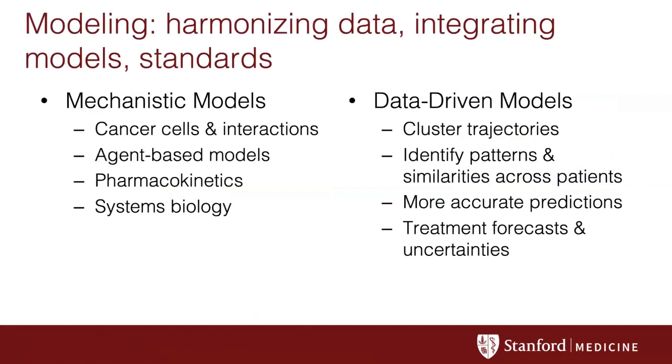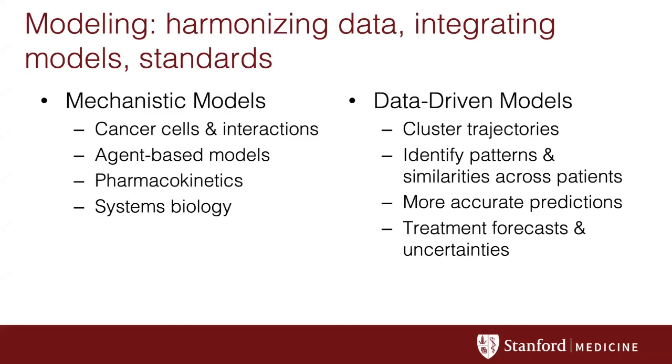Another challenge is modeling. So how we're harmonizing data, integrating models, and developing standards. We've heard a lot today about the mechanistic models, but also the data-driven models. So how do we pull those two types of models together? That's really the beauty of the digital twin, where we're taking knowledge from our mechanistic models, agent-based models, pharmacokinetics, systems biology, et cetera.